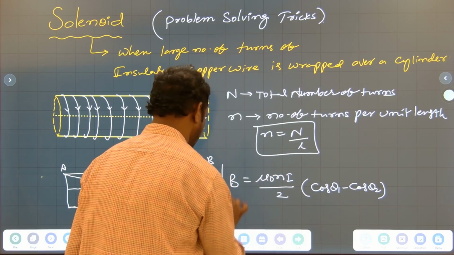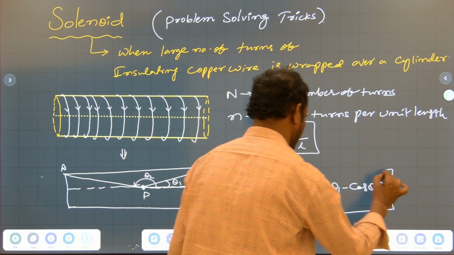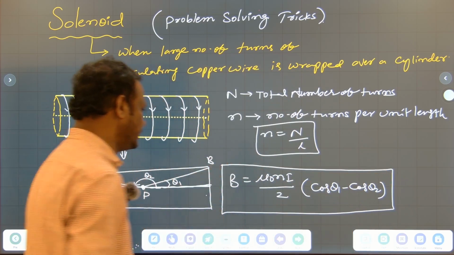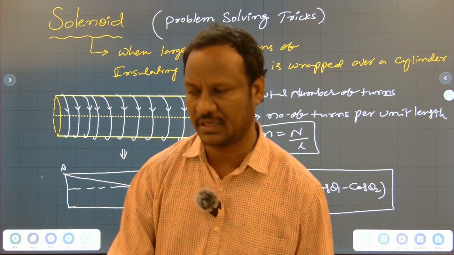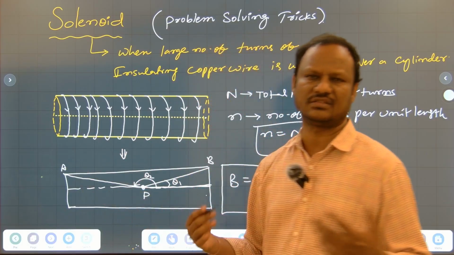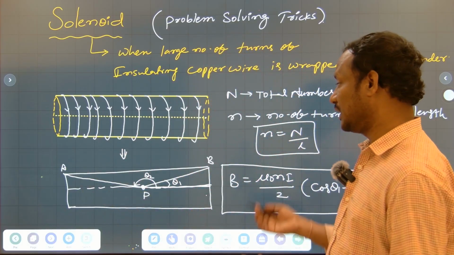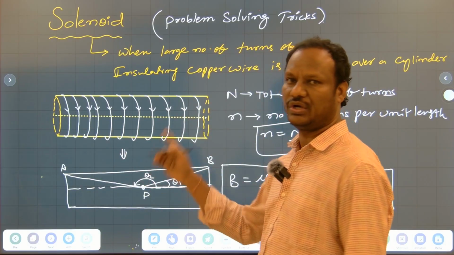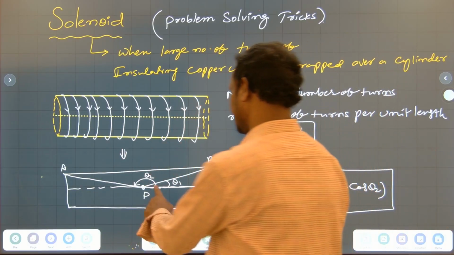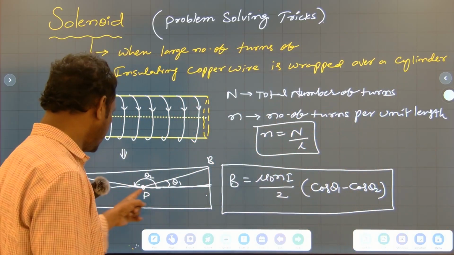This is the magnetic field induction due to this solenoid. You only need to remember this key formula; its derivation you can learn separately. But how do you solve problems using this solenoid method?